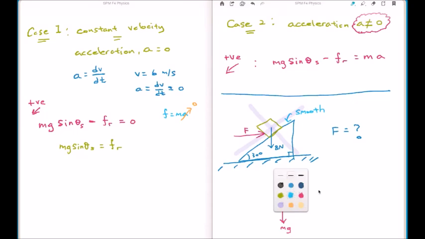Here, drop a perpendicular line. This is the x and y axis, 90 degrees. So the angle here would be 30 degrees. Therefore, the one here is mg cos theta, cos 30, easier for you.